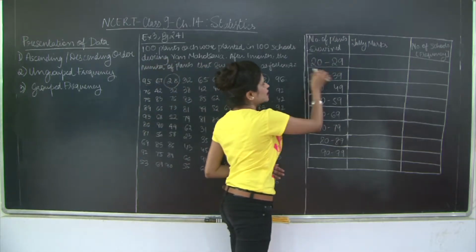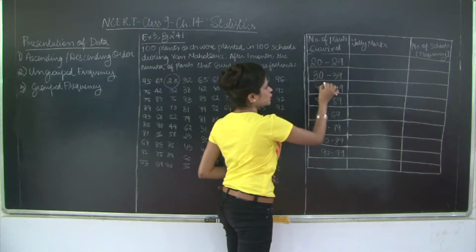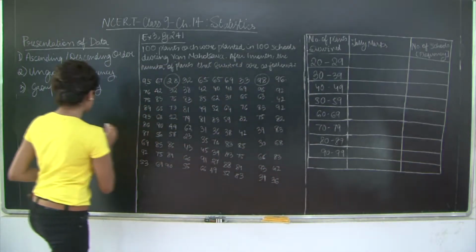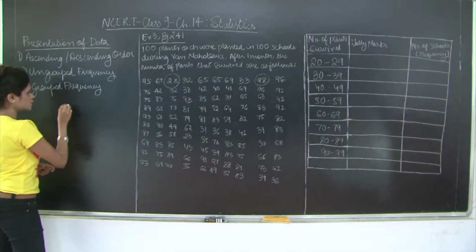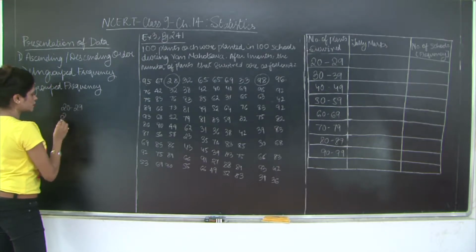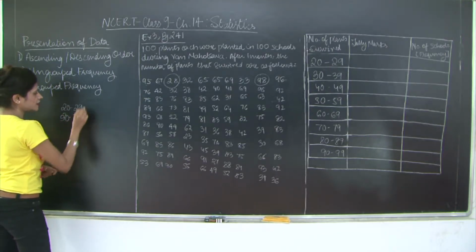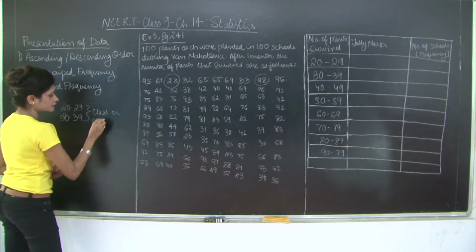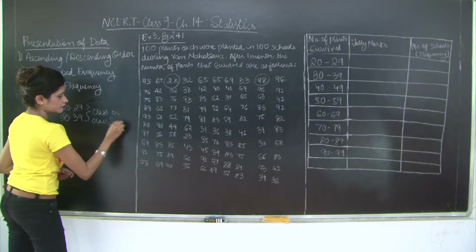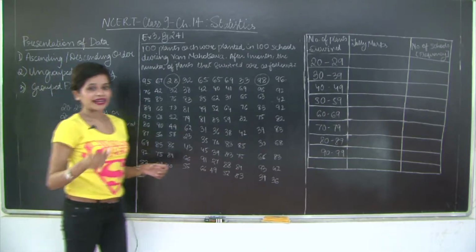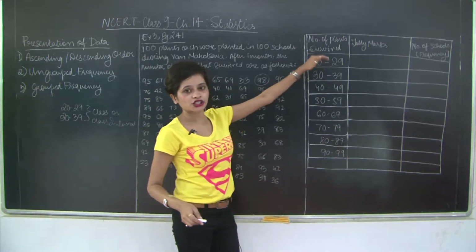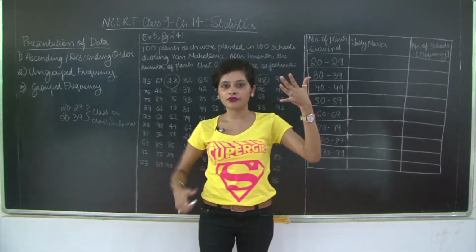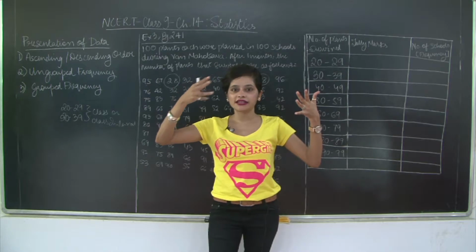So what is each of these entries called? Each of these entries is going to be consistent throughout and it is known as the class or class interval. So 20 to 29, 30 to 39, these are known as class or class interval. Now when I count the numbers from 20 to 29, let's count: 20, 21, 22, 23, 24, 25, 26, 27, 28, 29.